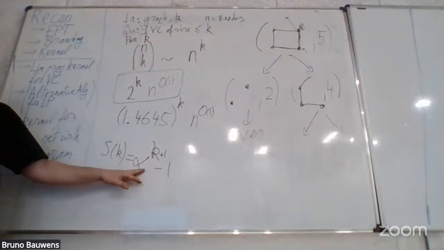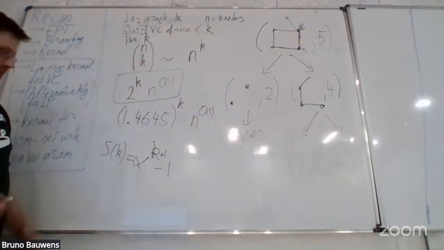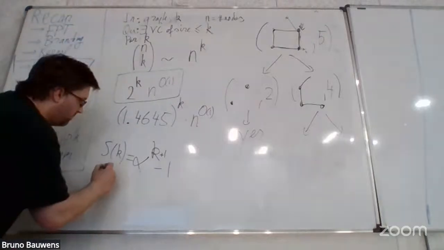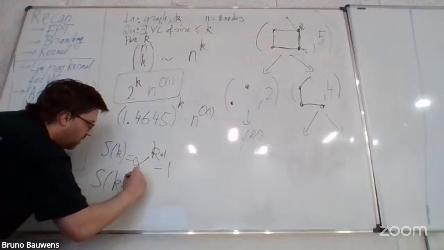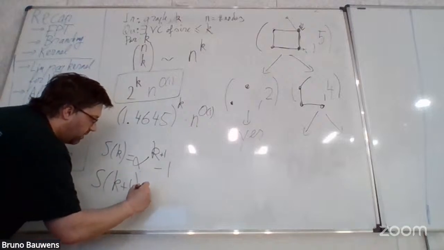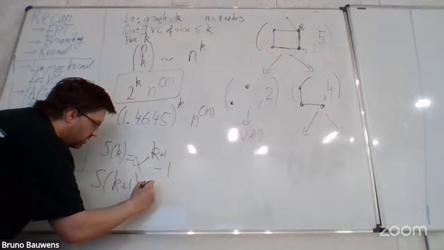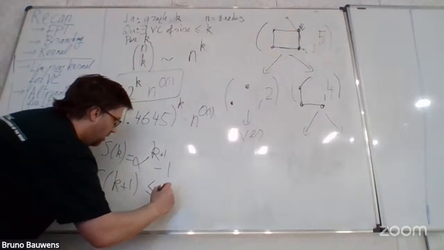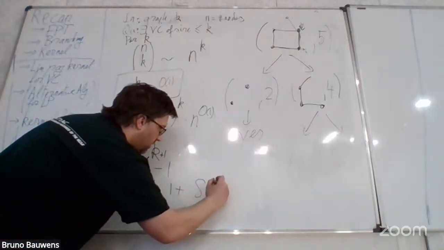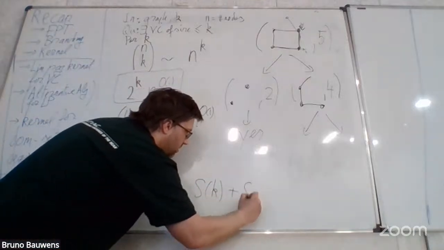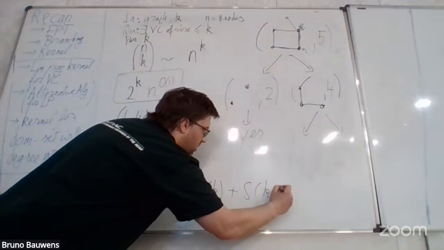Before, we had alpha equal to 2, and then exponential decrease. Now let us make a recursive formula. S of k plus 1 is bounded by 1, the node that we are in, and then S of k plus S of k minus 3.